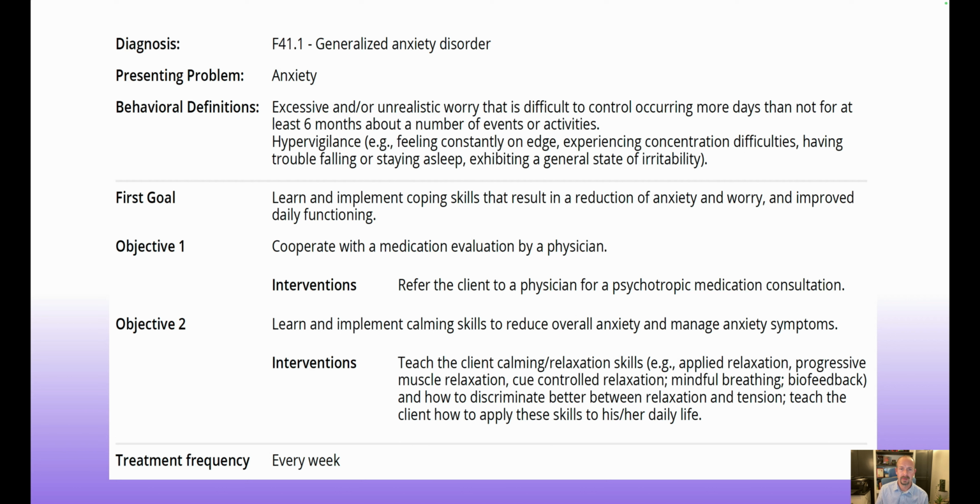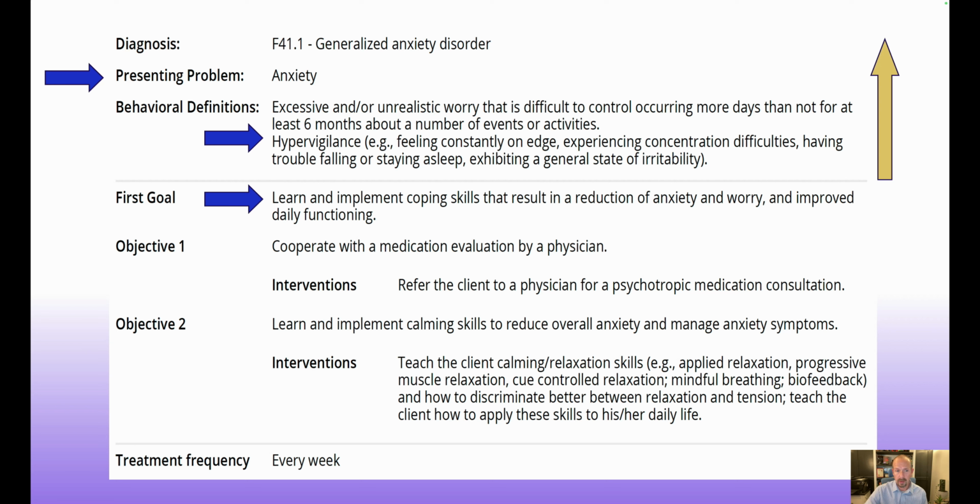He also experiences feeling constantly on edge, concentration difficulties, having trouble falling or staying asleep, and general state of irritability. So these behavioral definitions then line up with the problem of anxiety. So based on the behavioral definitions, I'm able to say, yep, provides a strong rationale for anxiety, generalized anxiety disorder. So that kind of follows that thread there for that diagnosis.